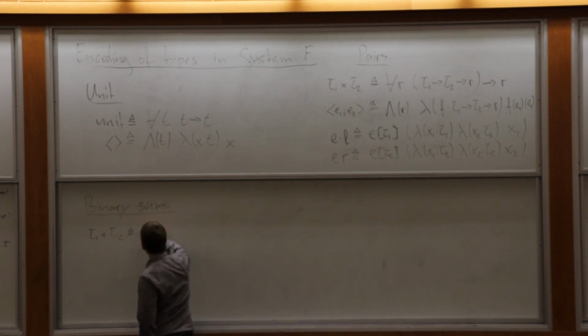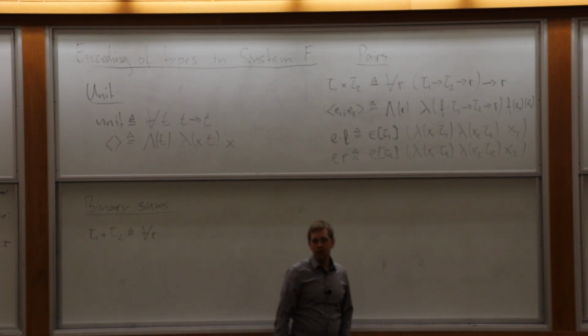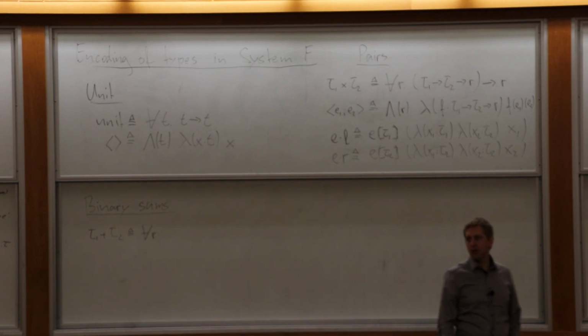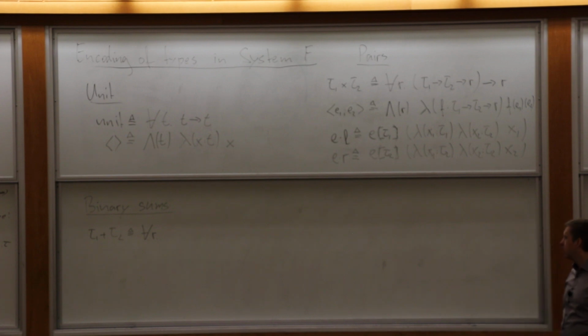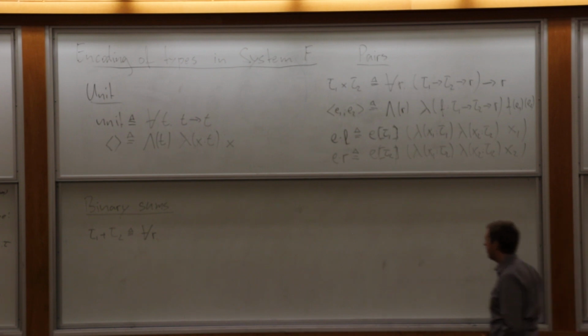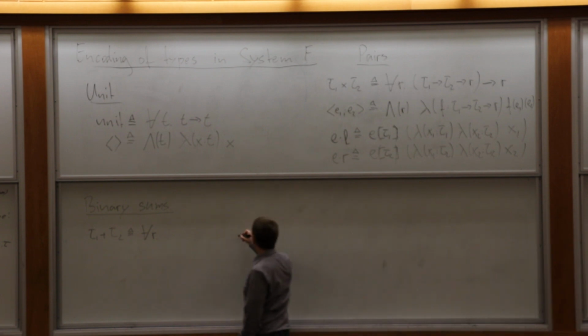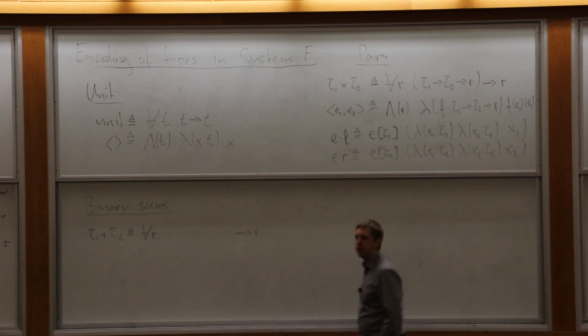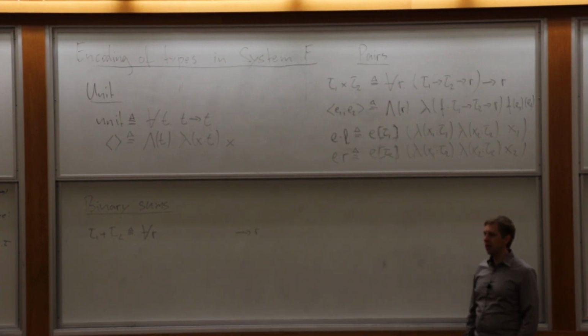We always start with a for all R. That much is clear. And then we also always end with arrow R. So that's always how these encodings look. But what goes in the middle?